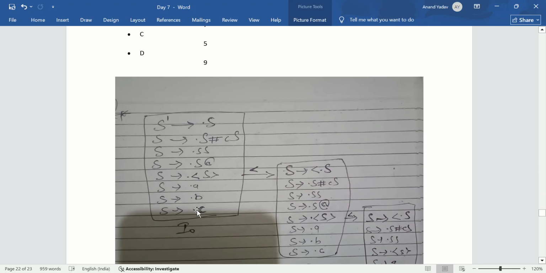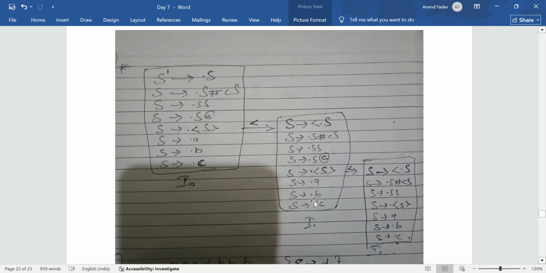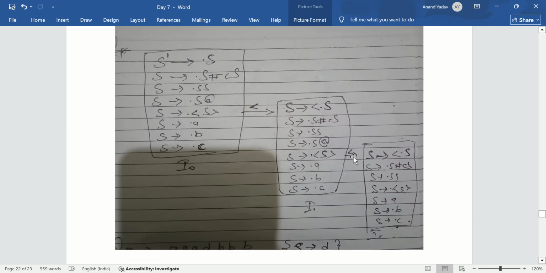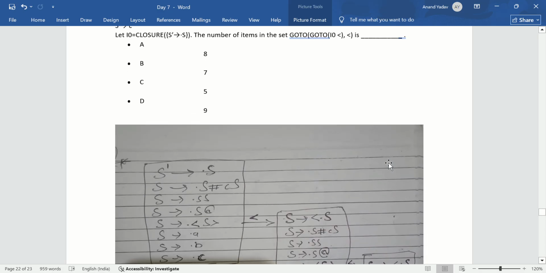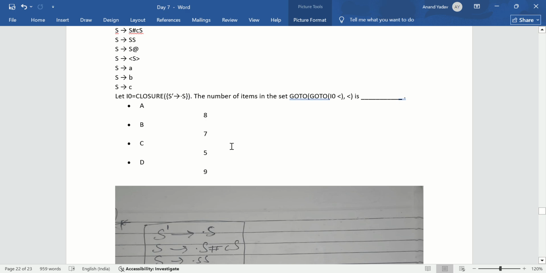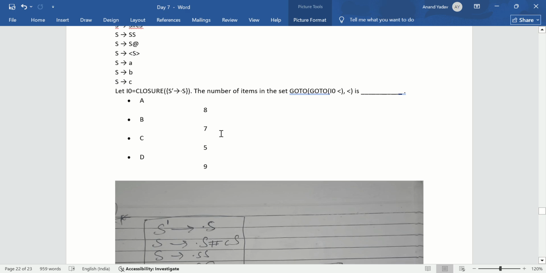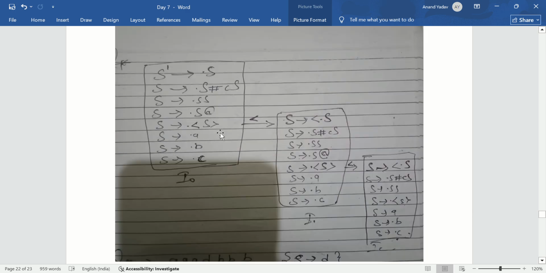So for this question I will solve it this way. First I will draw the S' → .S production, and then the transition from this terminal, and then we will get this I1 production, and then again a transition from these terminals I will get this. So in total I will get 8 elements in this production.